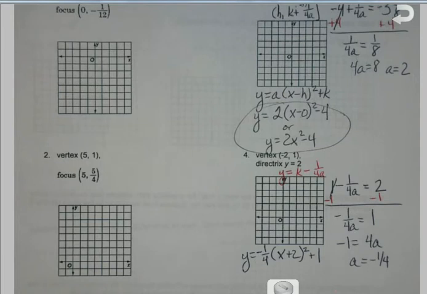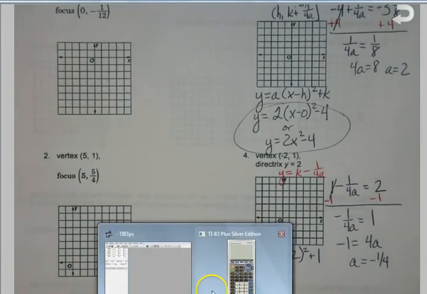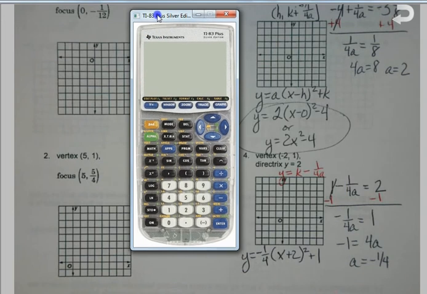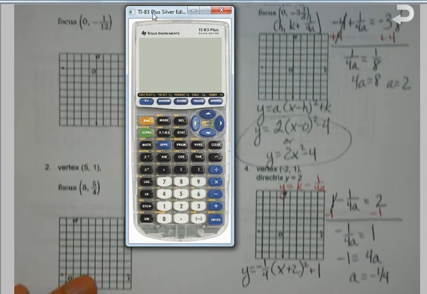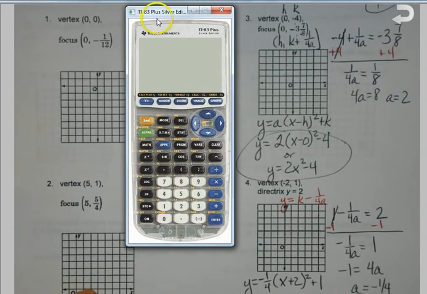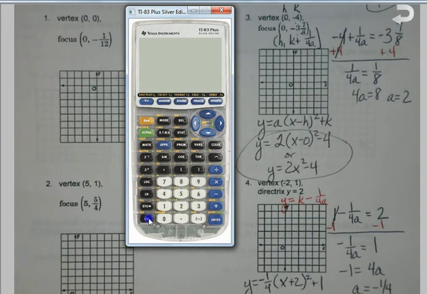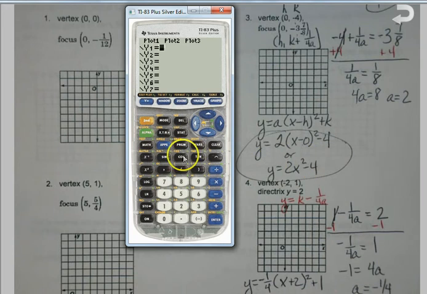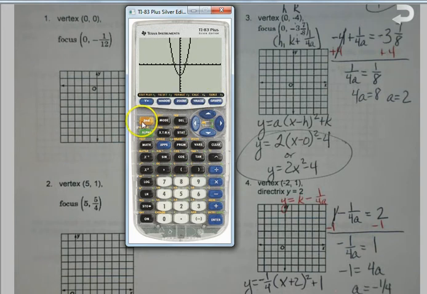The nice thing about doing it this way is, let me mention that too, if you do decide you're going to use the calculator to help you graph, so if I come back to 3 for just a second, you're actually going to get to affirm the fact that you did it right. So like if I type in my first one, I'll just look at the graph so I see, oh, it's looking okay.